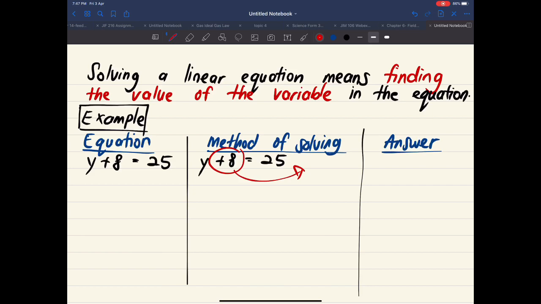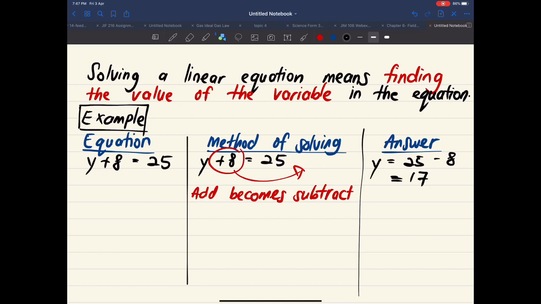So here add becomes subtract. So what must be the answer? It is y equals to 25 minus 8. So the answer is 17. So y is 17.